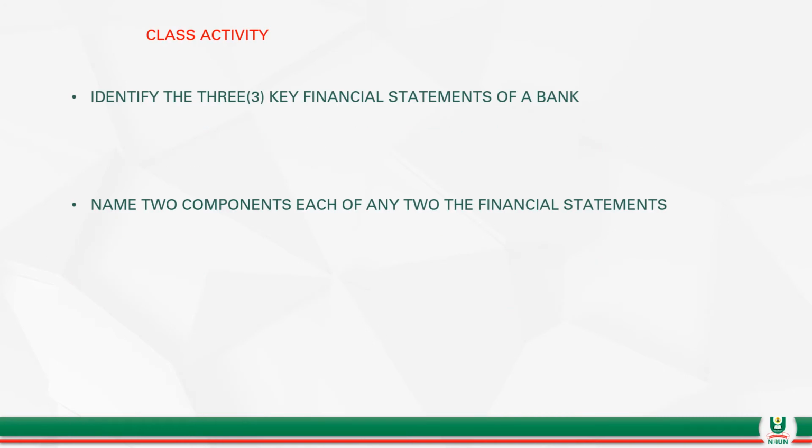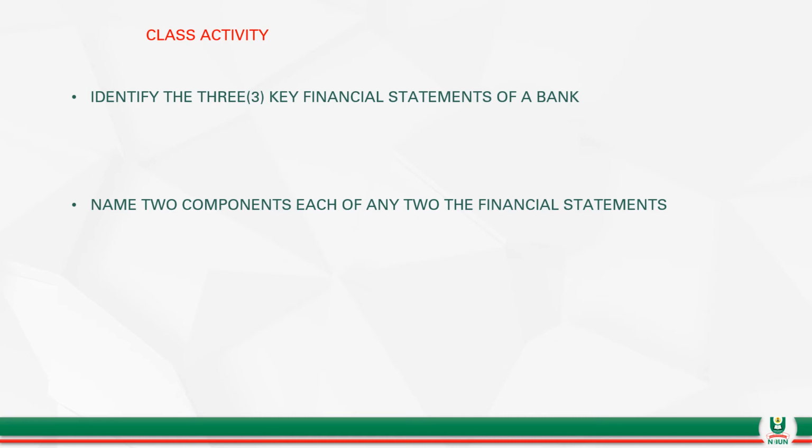Then class activity for today. So far, so good. We have been able to look at what financial statements are. What are these financial statements? We have identified the statement of financial position, otherwise known as the balance sheet, previously. We also identified the statement of comprehensive income, previously known as the profit and loss account or income statement.